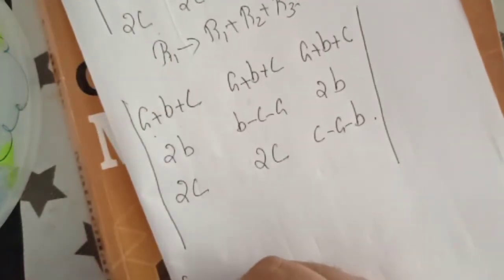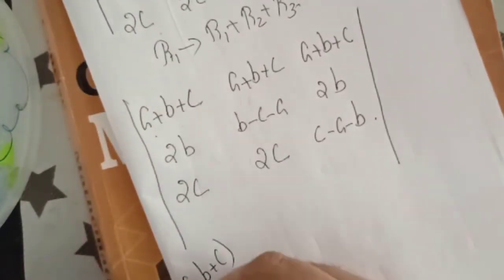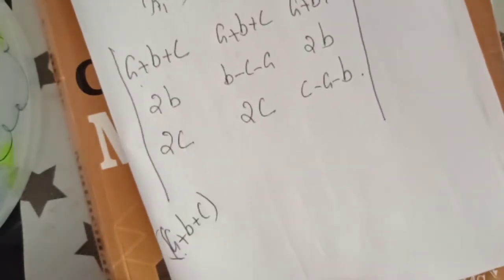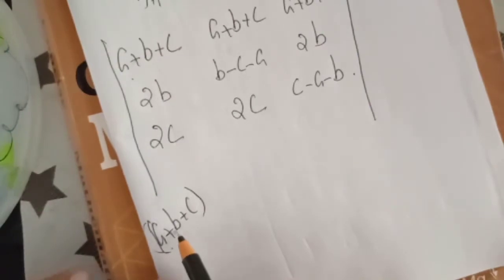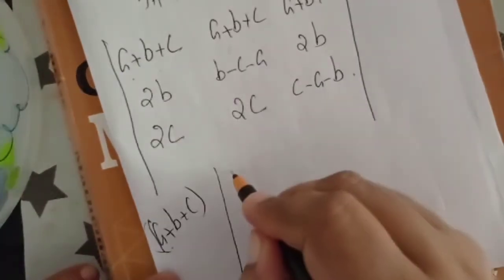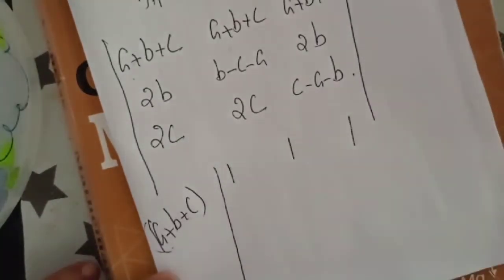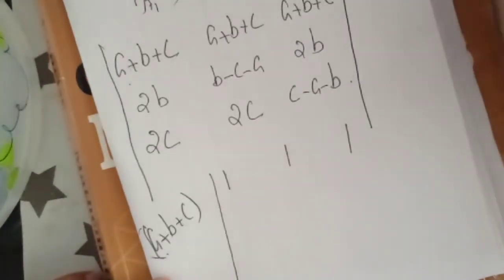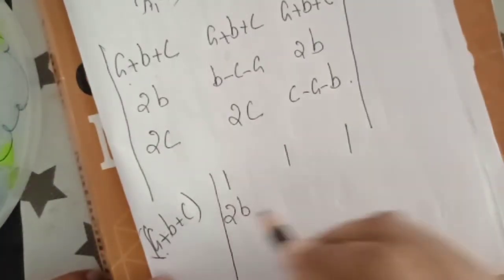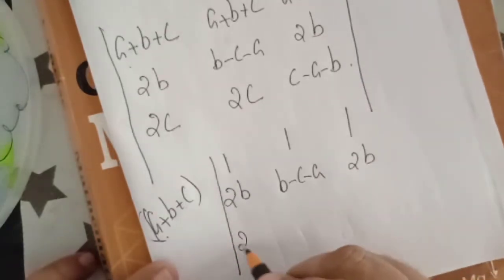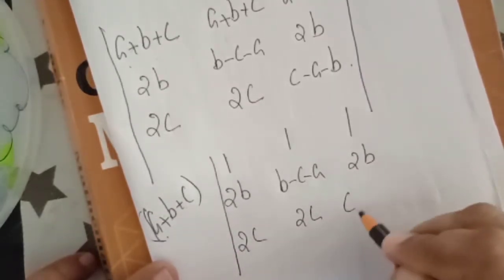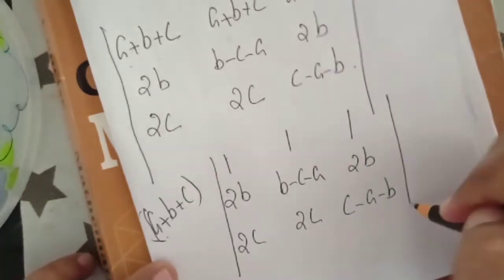A plus B plus C is common in the first row. Isn't it? We can take the common factor outside. That row changes to 1, 1, 1. Then copy the next: 2B, B minus C minus A, 2B, 2C, 2C, C minus A minus B.